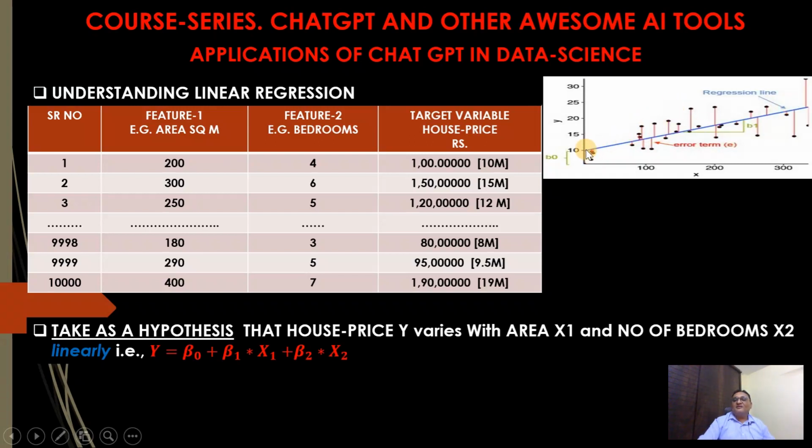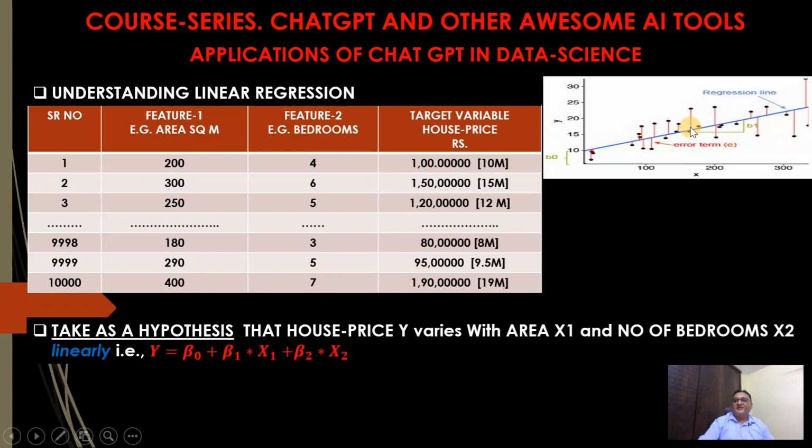So it is not perfectly linearly varying, but there is some error in each observation between the predicted value, which is the blue point, and the actual value, that is the red dot. Here this is the actual value, and predicted value will always be on the line of fit. Again, this is actual value, and predicted value will also again always be on the line of fit.